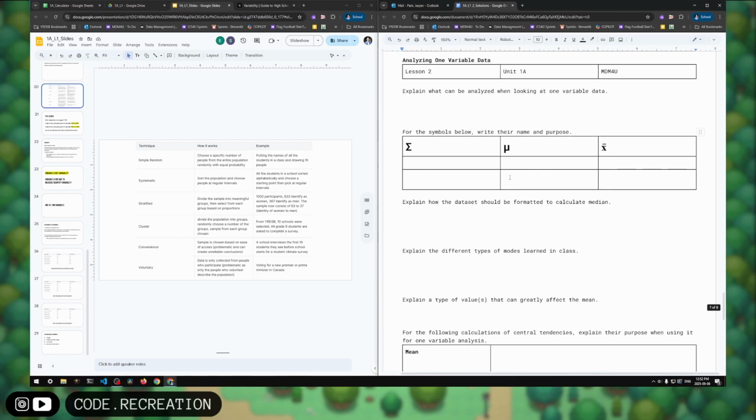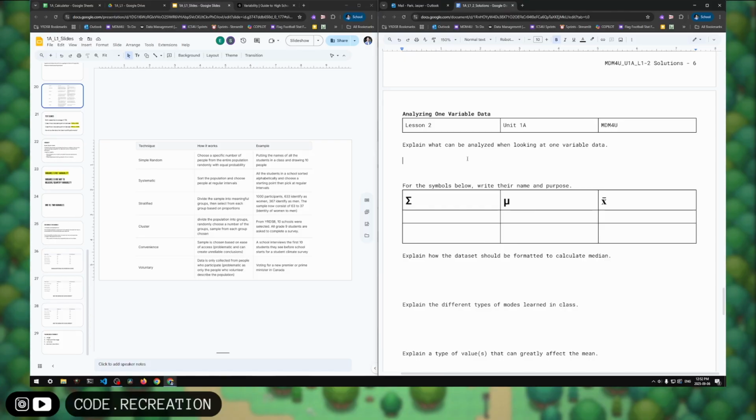Moving on. One variable data. Frequency. We can look at central tendencies. We can look at variability, which we'll call spread. This is sigma, this is mu, this is x bar.